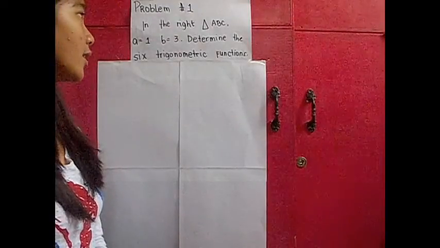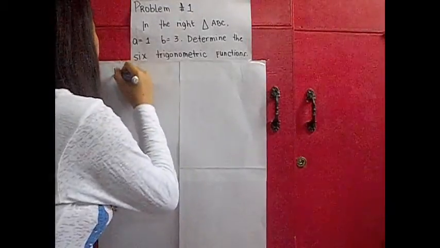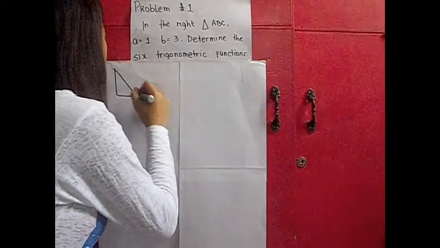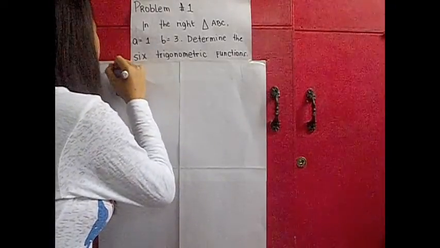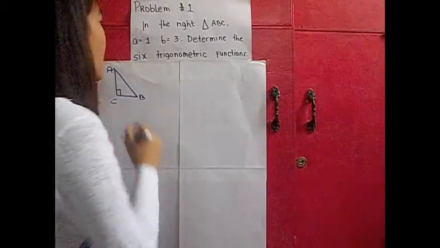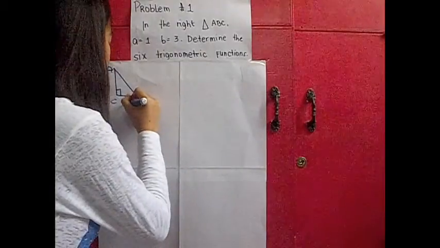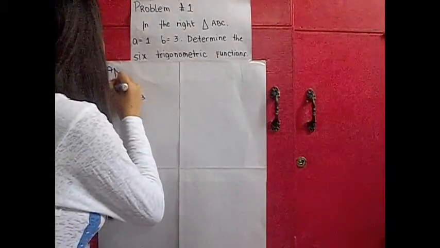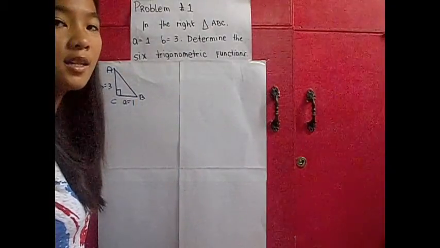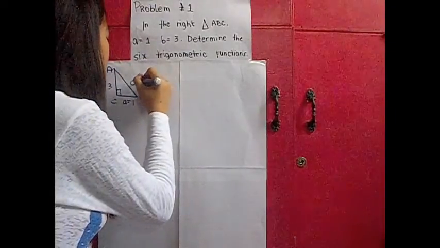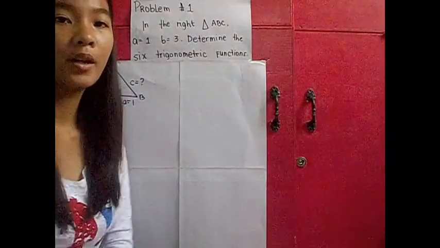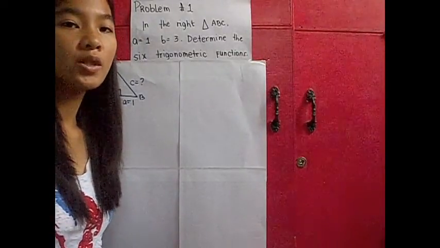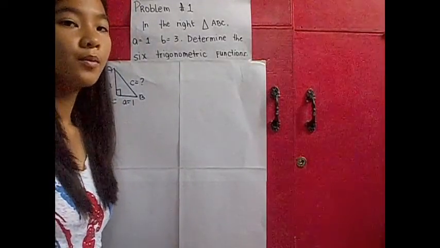In problem 1, in the right triangle ABC, A is equal to 1, B is equal to 3, and C is not given in the question. Now, we need to use the Pythagorean theorem.